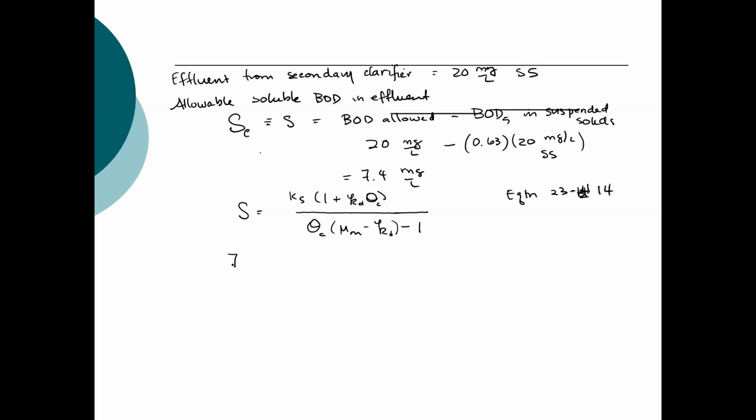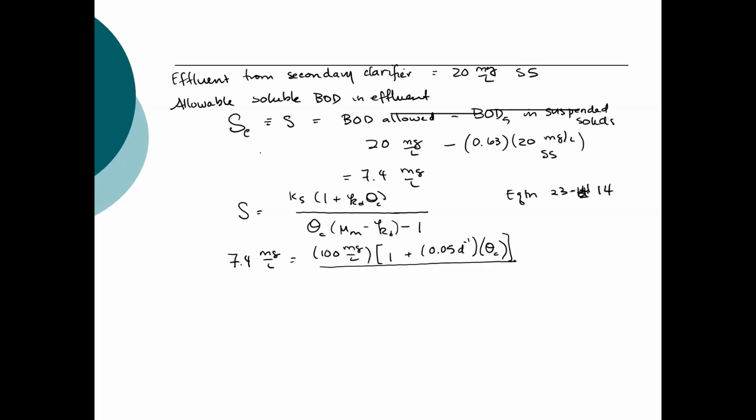So S is equal to 7.4 milligrams per liter. K sub S, you were told, is 100 milligrams per liter, times 1 plus KD, which is 0.05 inverse days, times the mean cell residence time.